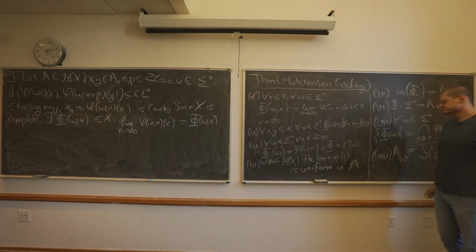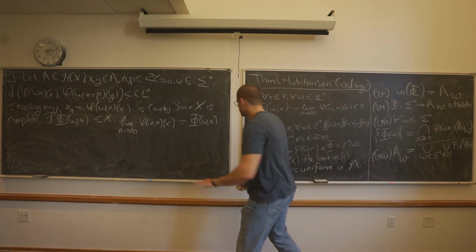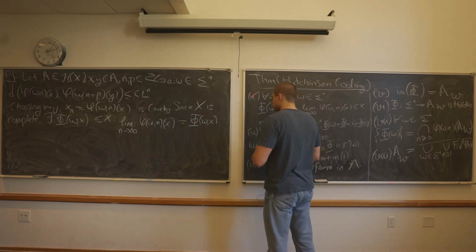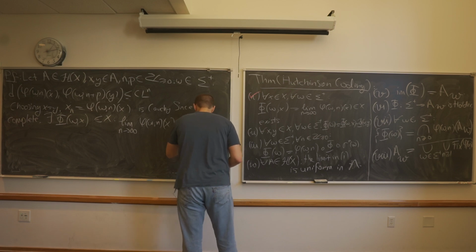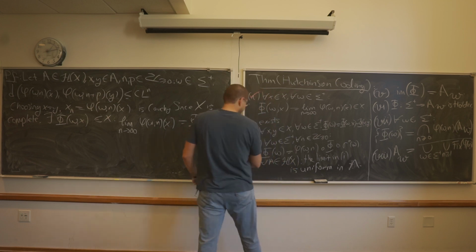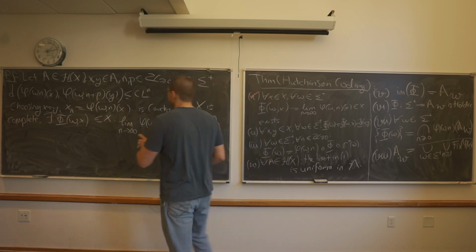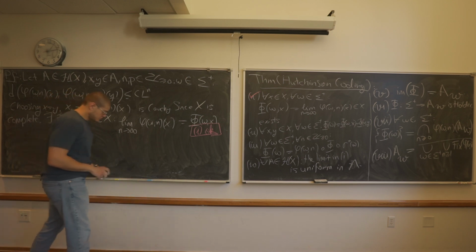Item 2. So let's write it here. For 2, again, I'm going to use the same estimate here. This estimate is the important estimate that we keep using.